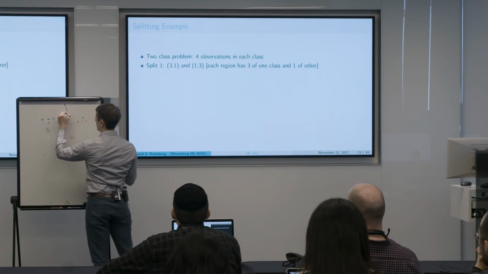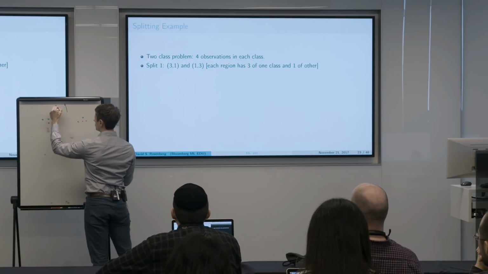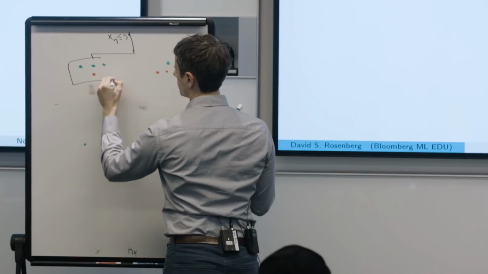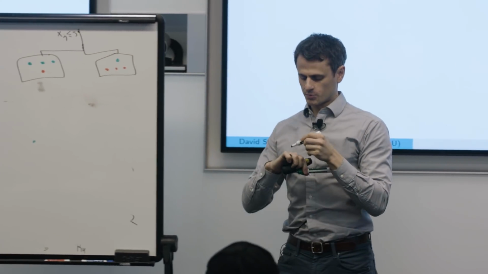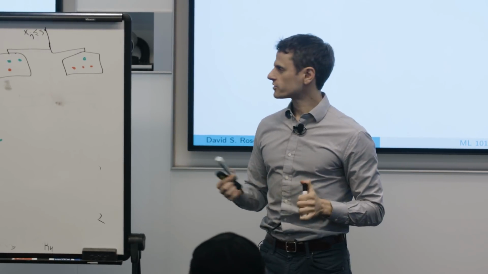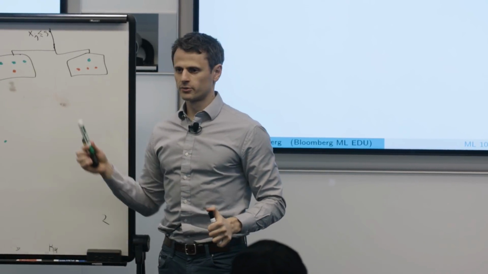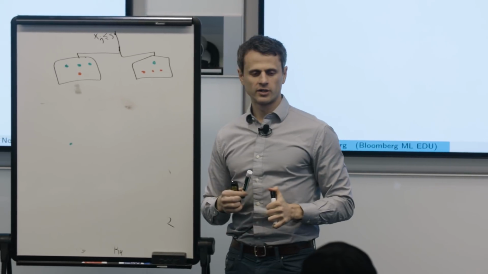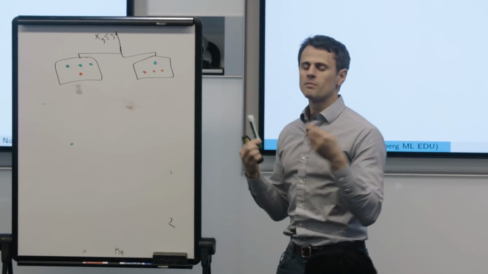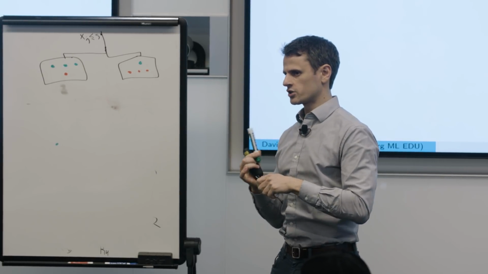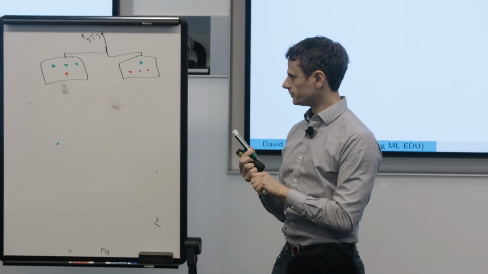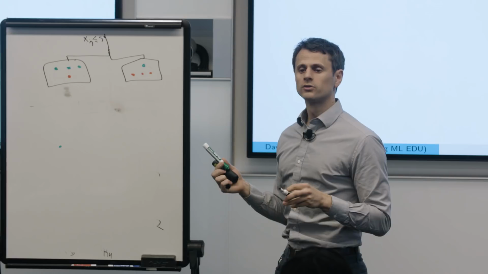So somehow or another, we've made a decision, xj less than or equal to s, and this sent us here. And this split us into 2 groups. To the left, we've got 3 greens and 1 red, and to the right, we have 1 green and 3 reds. So what's the misclassification error rate on the training examples here? 25%.